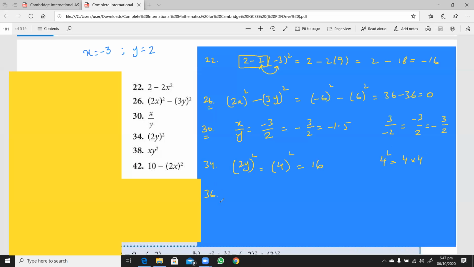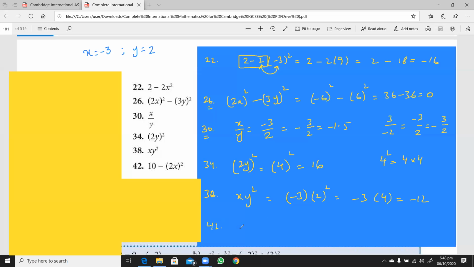Now this 38th question here, that is x y squared. So your x is minus 3, your y is 2, and there is a square. So this should be minus 3 into 4. Minus 12. So this is minus 12. Okay.